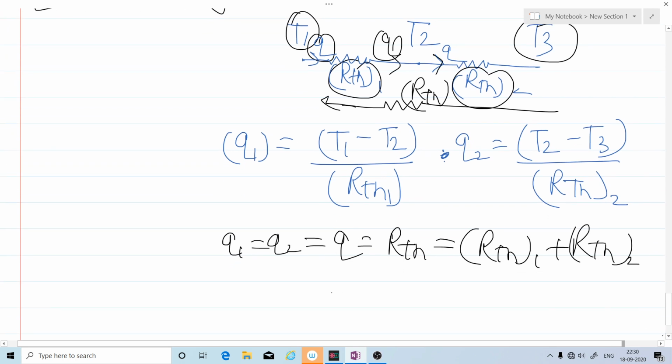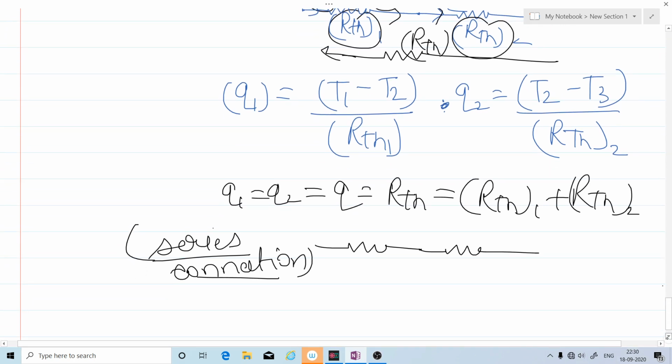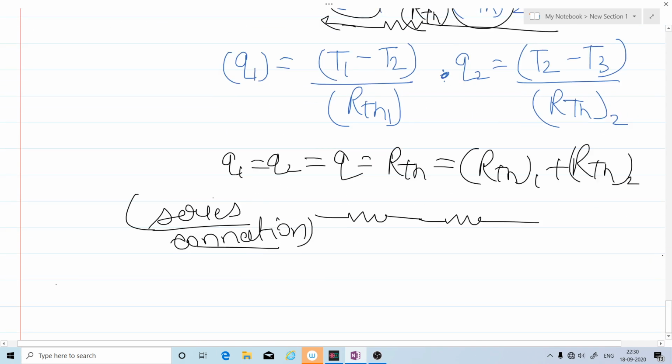Because these two thermal resistances are connected in series connection, and we all know that resistances connected in series are added. Therefore there is an addition. Hence the net thermal resistance is thermal resistance of 1 plus thermal resistance of 2.